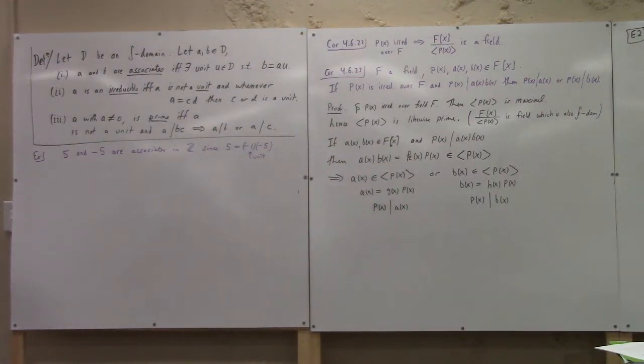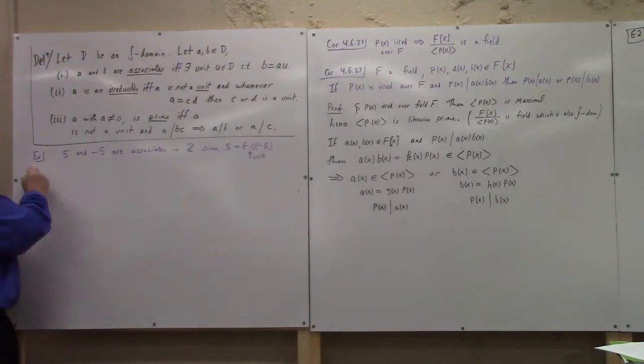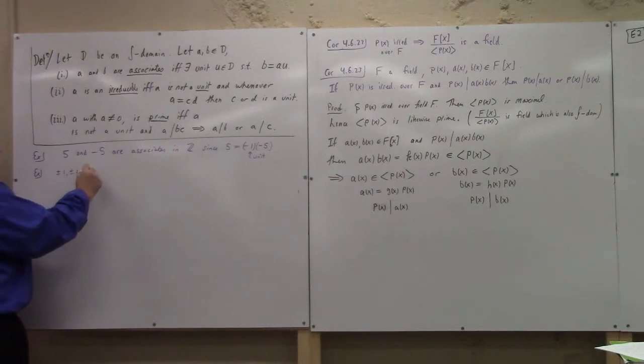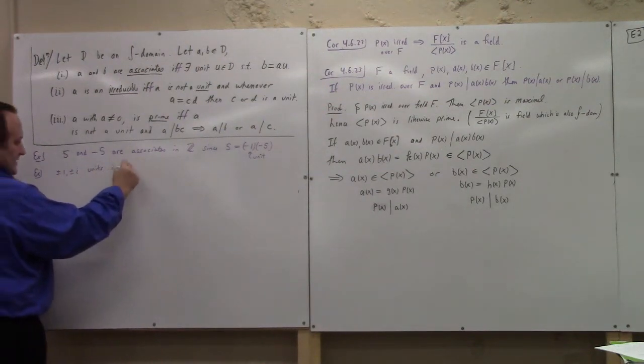That's kind of all you've got to work with in the integers, because you only have the units 1 or -1. But in the Gaussian integers, what did we learn? Plus or minus 1, plus or minus i are units in the Gaussian integers.